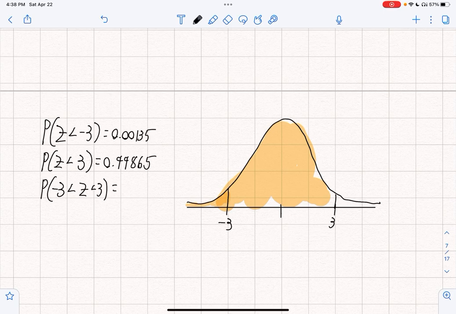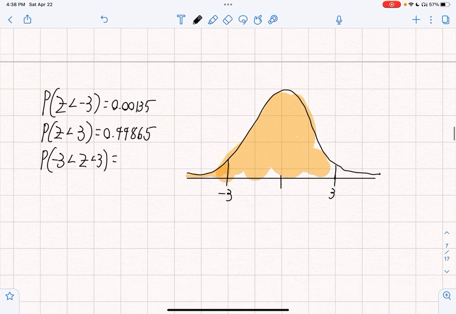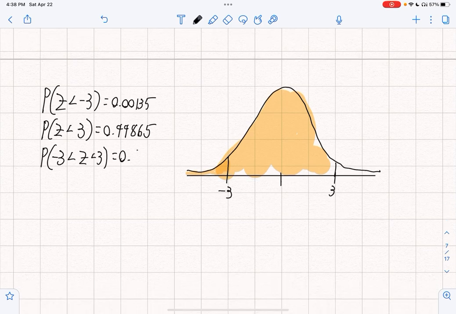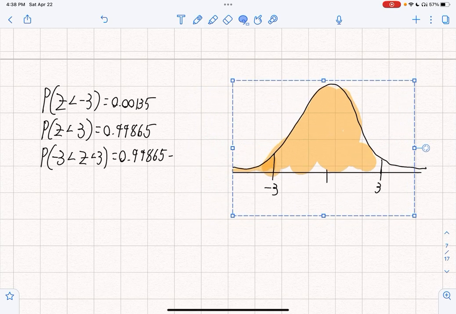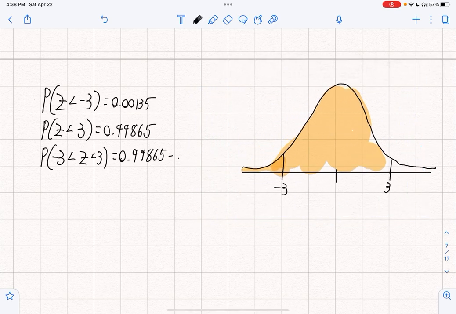So if I want the area between the two, we know that we'll just subtract these, so 0.99865 minus 0.00135, and we get 0.9973.